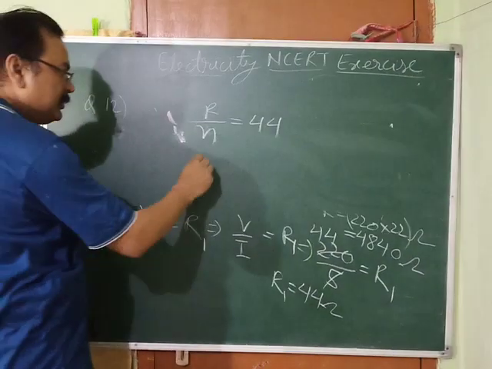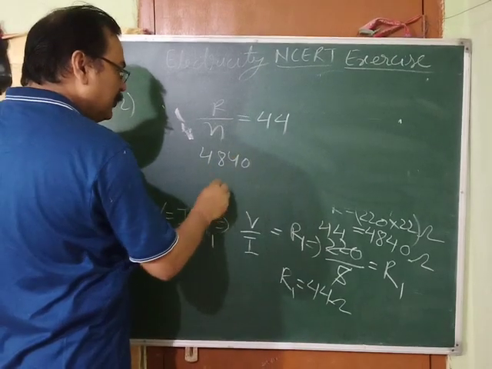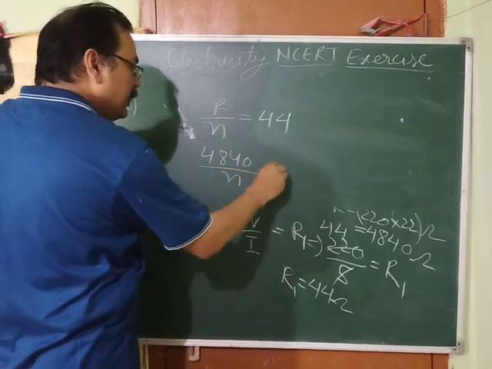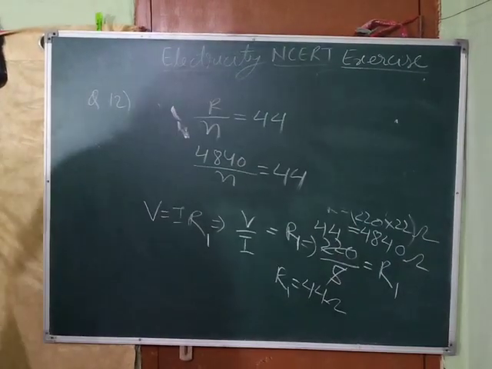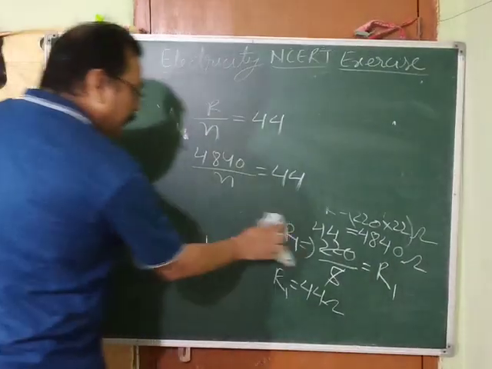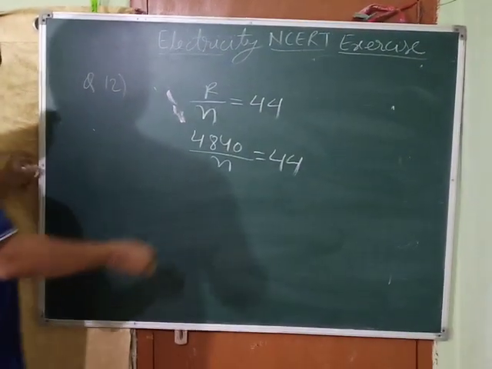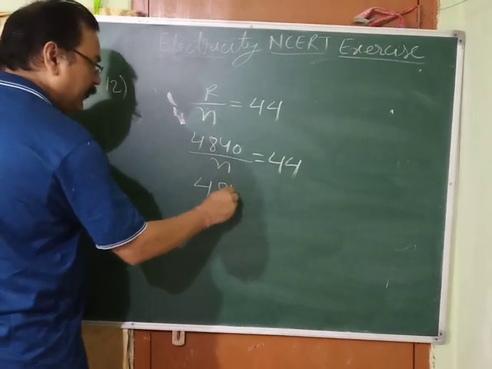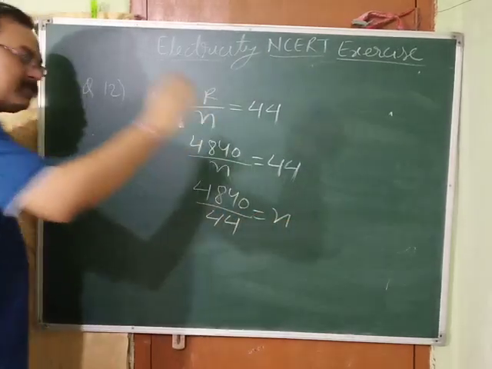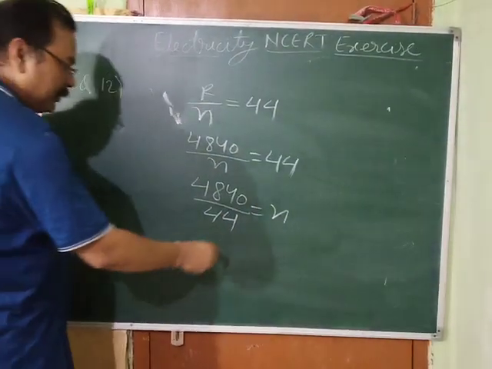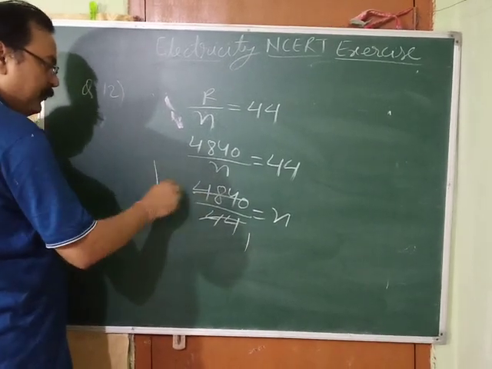So R is how much? R is 4840. n we have to find out, and this is given as 44, that we have got as R1. Now from here can you find out n very easily? So from here we get 4840 upon 44 is equal to n. Now 44 1s are 44.